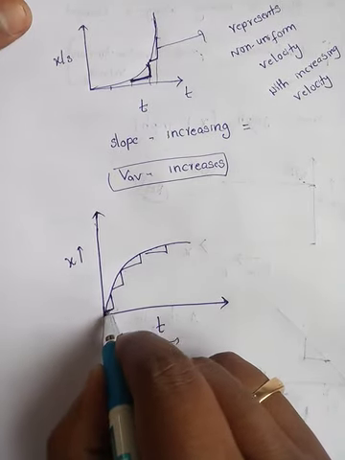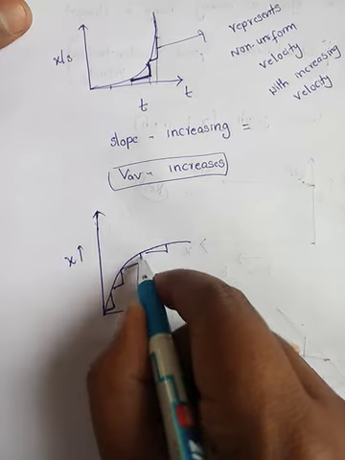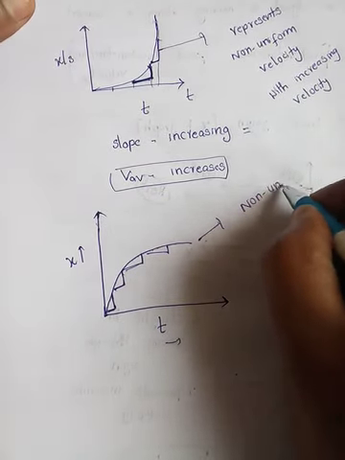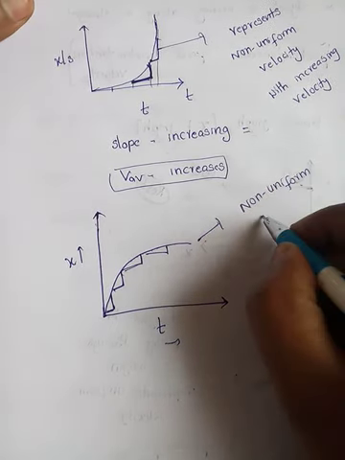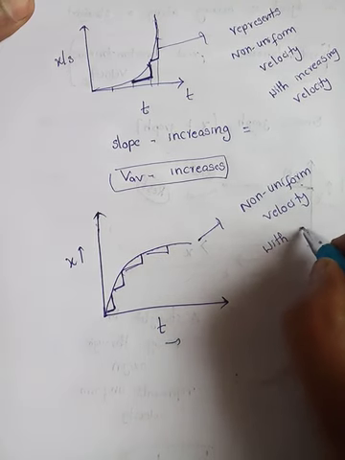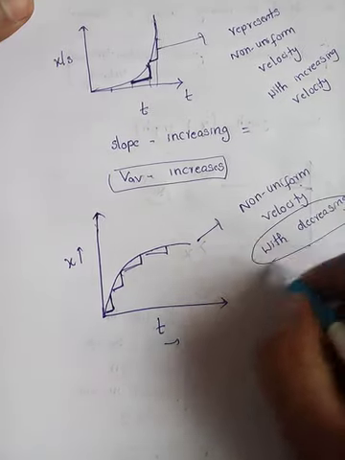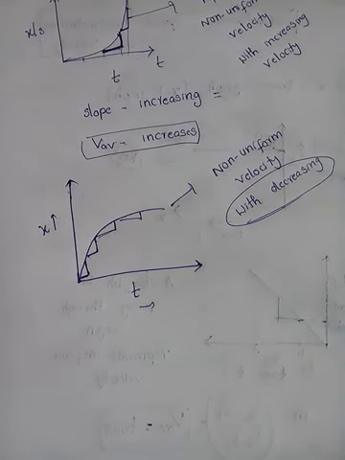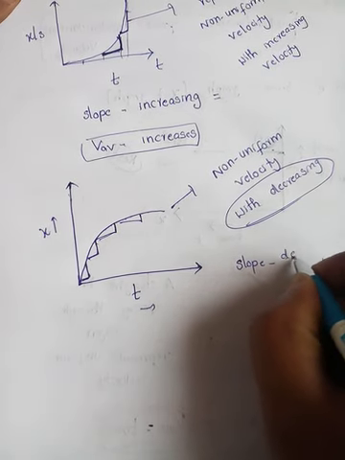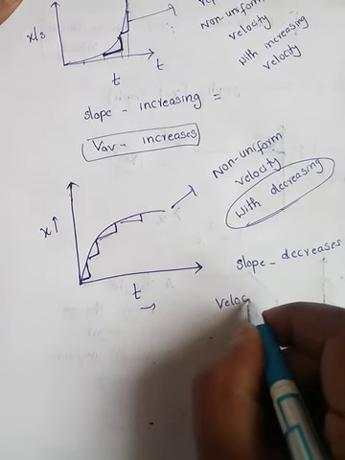Now here the time interval is less and the distance is more. The time interval keeps on increasing and the distance keeps on decreasing. So this is also non-uniform velocity, with a decrease. It means the slope is decreasing, so the velocity also decreases. Velocity is decreasing.